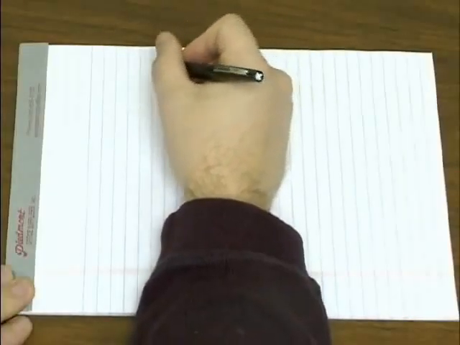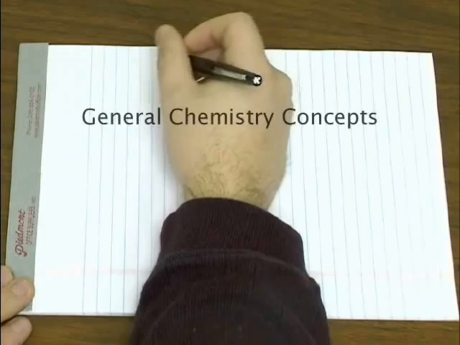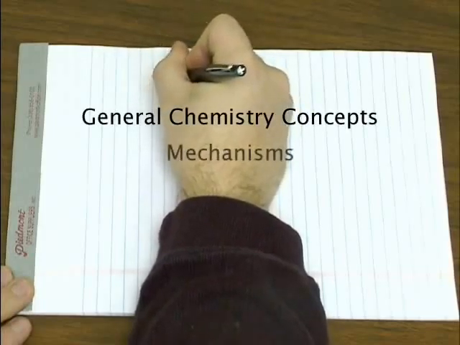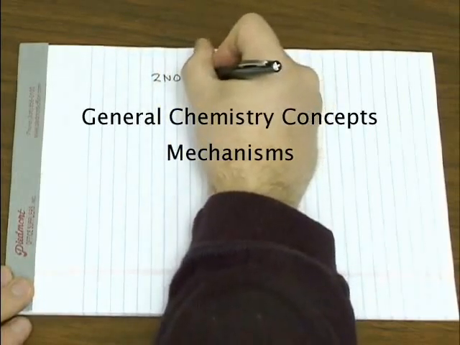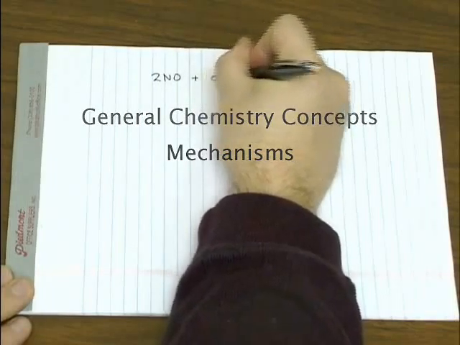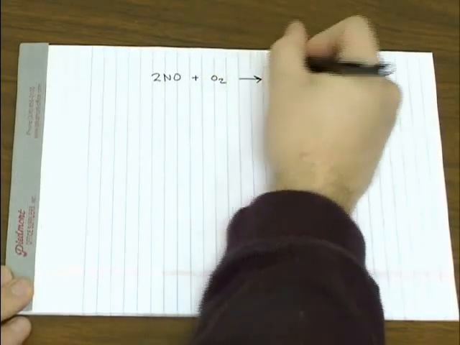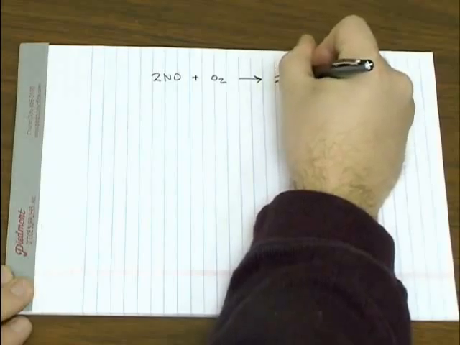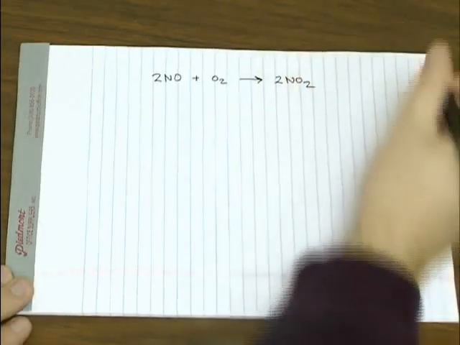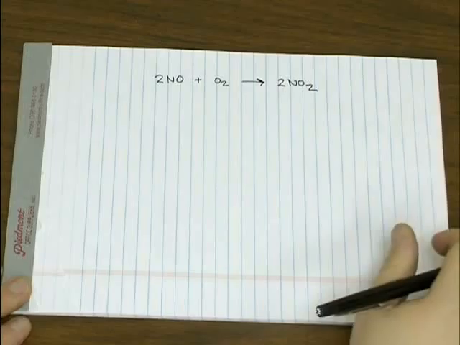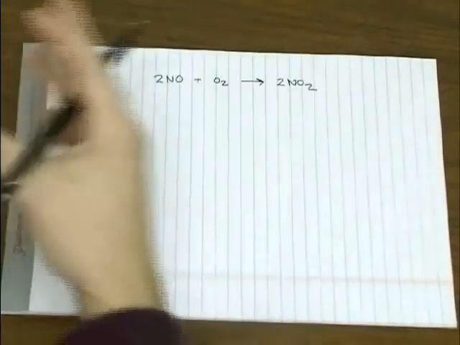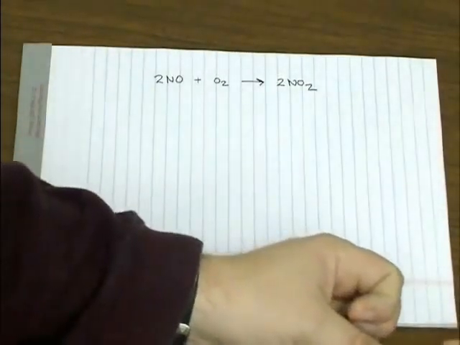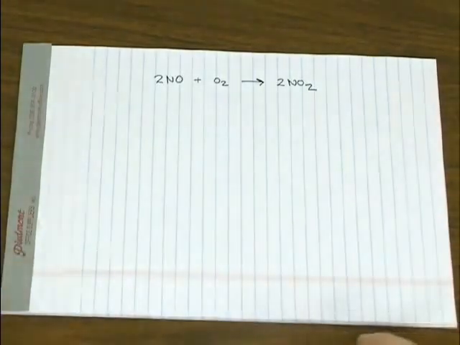One thing that's often either overlooked or just not focused on too much in chemistry, especially general chemistry, is that most reactions aren't simply a matter of two reactants coming together and giving you your products.